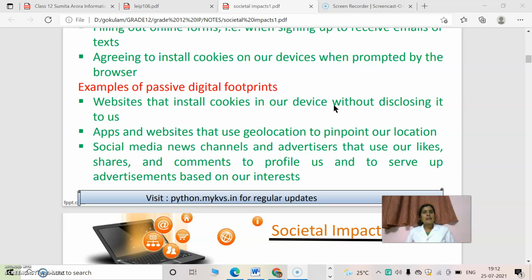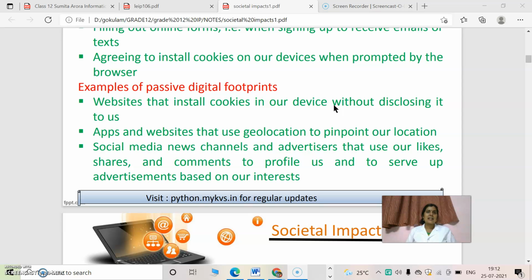Suppose I am looking at a laptop on Flipkart, and after some time I purchase another one from another application or offline. Even after purchasing, there will be messages from Flipkart saying your laptop is ready, you can buy it at a lower cost. These are passive digital footprints because they are not created by us, but they are using our data.